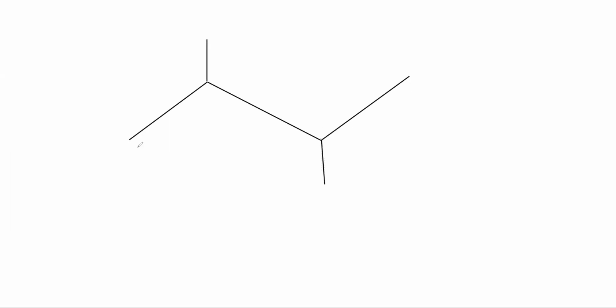Only one numbering I can follow if both branches are coming at the same place. So I have a branch at the second position and a branch at the third position, and identical carbon atoms, 1 carbon each. So I will say 2,3-dimethyl, and 4 carbon, it will be but and single bond ane.